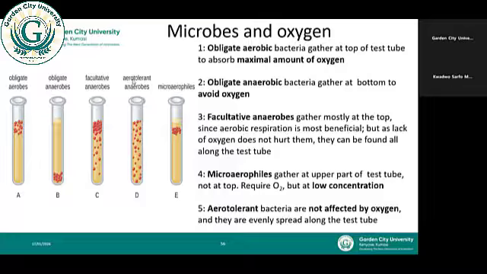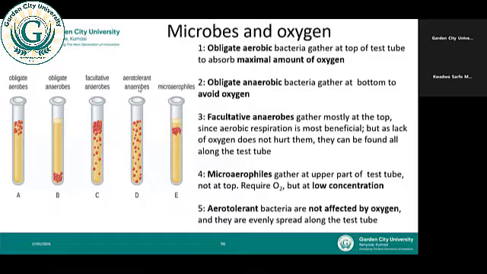Then we have the aerotolerant. They are not affected by oxygen, so they tolerate any condition. There's a slight difference between the facultative anaerobe and the aerotolerant. Facultative anaerobes prefer oxygen, but in the absence of oxygen, they can switch to anaerobic respiration.